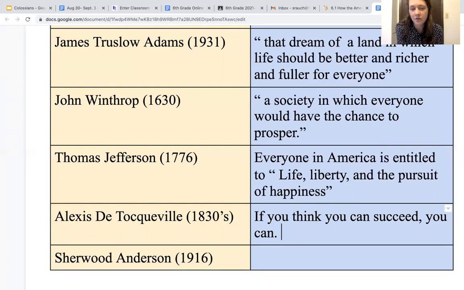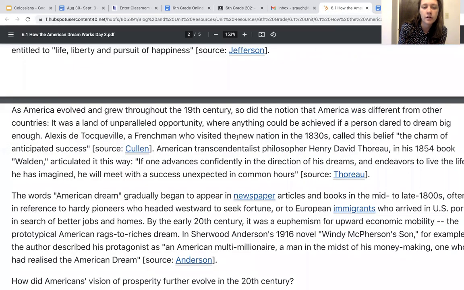You can dream it, you can do it, that kind of thing. Now you can think for yourself whether or not you think that's always true. Okay, pause it if you need more time to write and go back to the article.